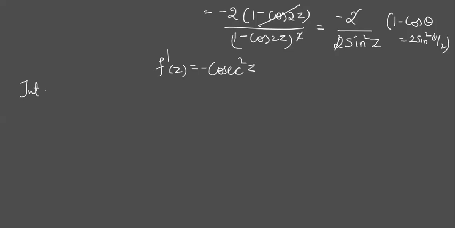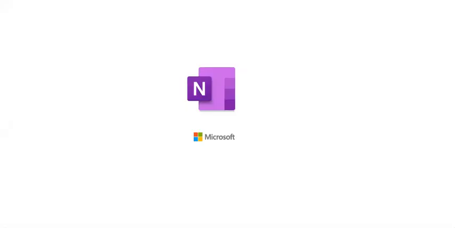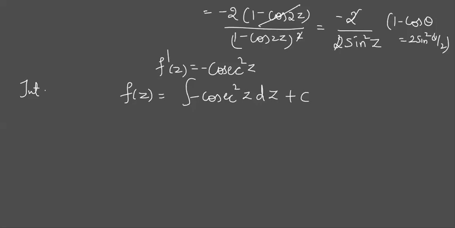What is the integration of minus cosec square? Minus, what is the differentiation of cot theta? Minus cosec square. So obviously, what is the integration of minus cosec square? Cot. Isn't it? So this will be better.